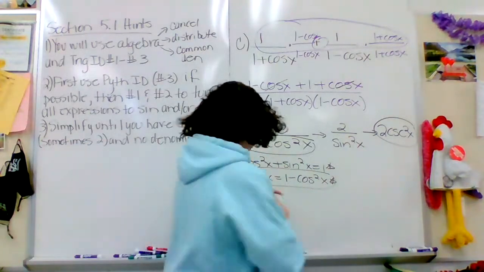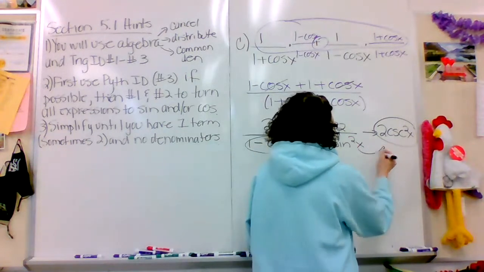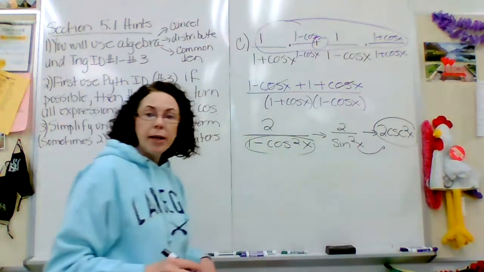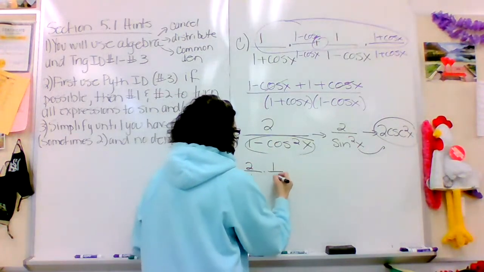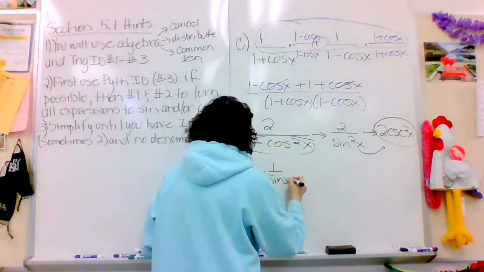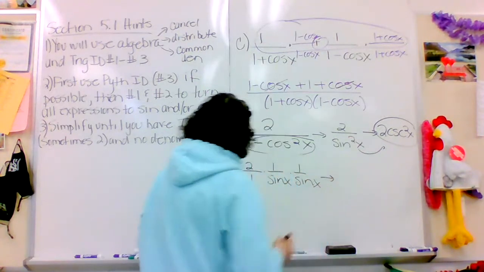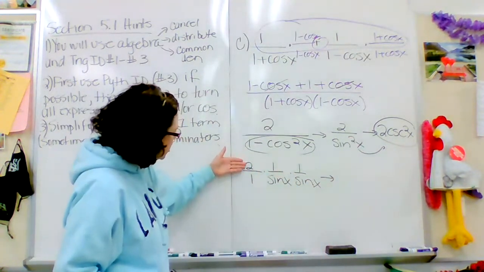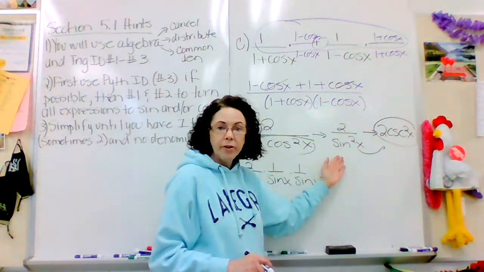But just in case you need to see how you jump from here to here, let me break it up for you. Here's my 2. Here's 1 over sine times 1 over sine. Take a look. Is my expression here the same as my expression here?